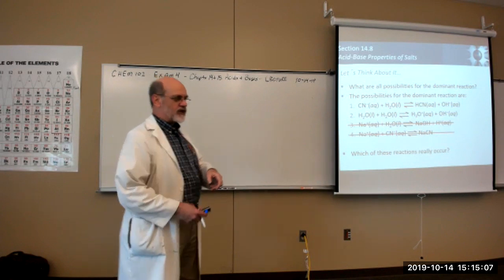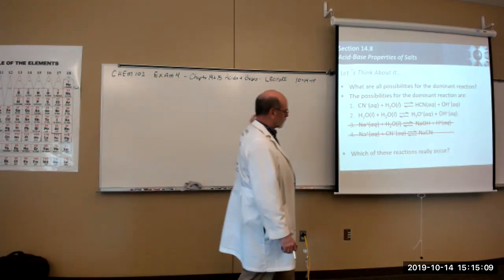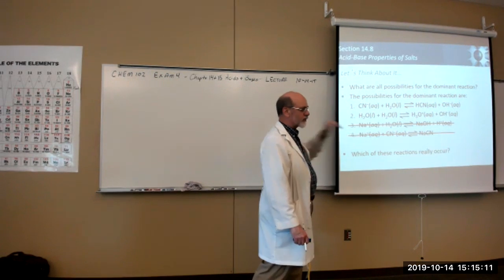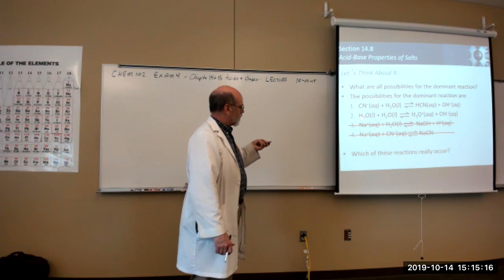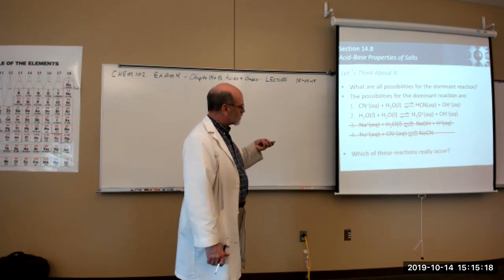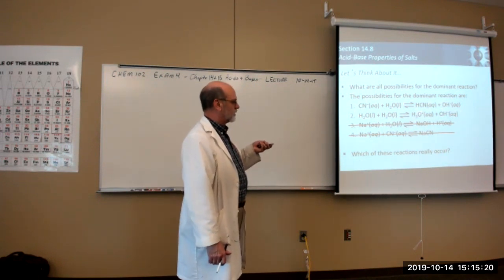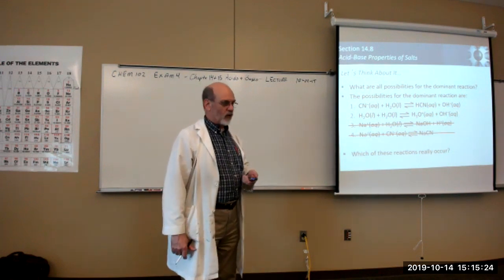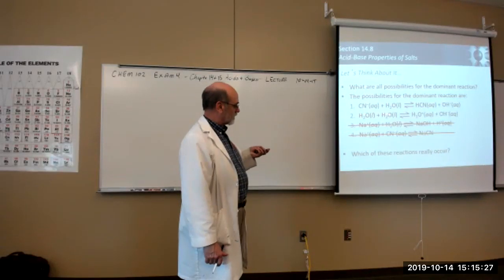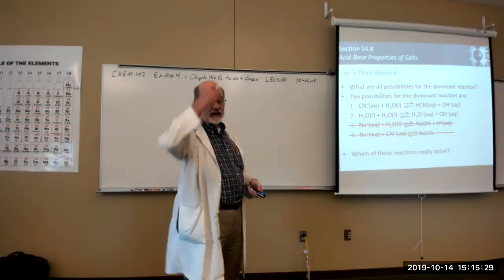Right? So we need a K for each reaction to show which one. When we look for dominant reactions, we want to know which one is driven furthest to the right, because these are our starting species. And in order to do that, we need the appropriate K value for each one. Well, this one's already given. Kw is 10 to the minus 14.